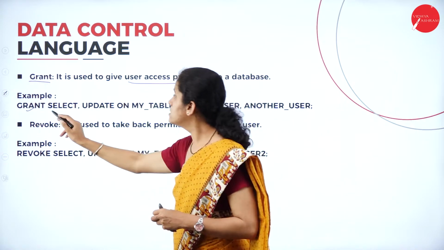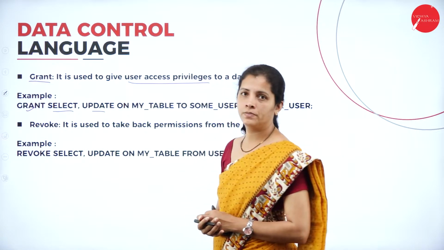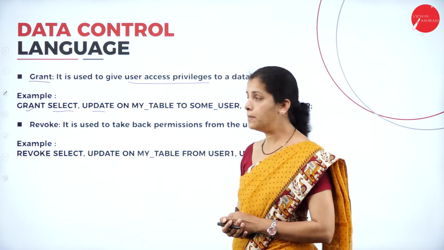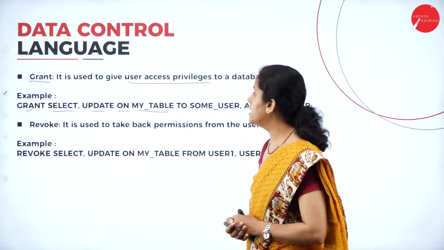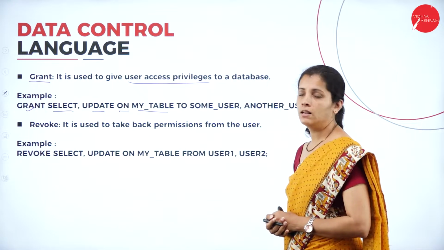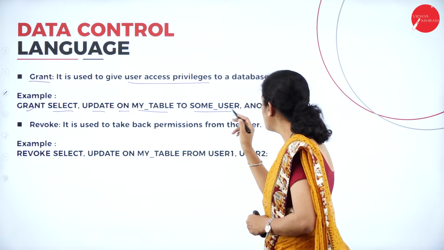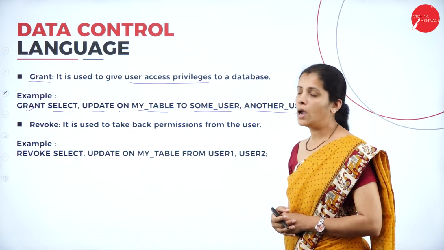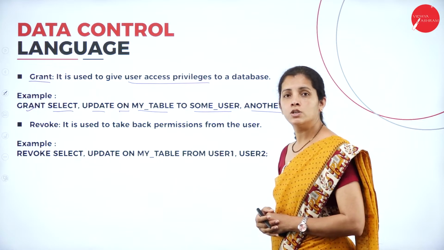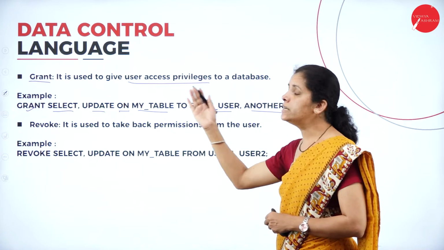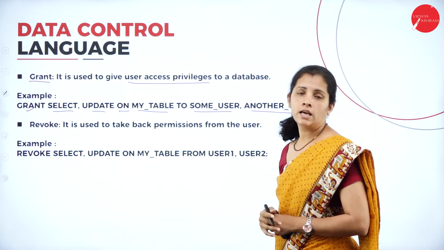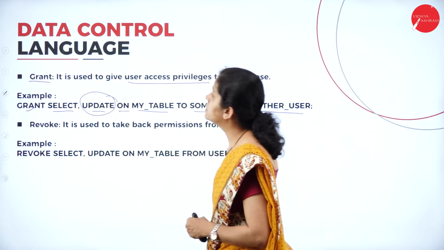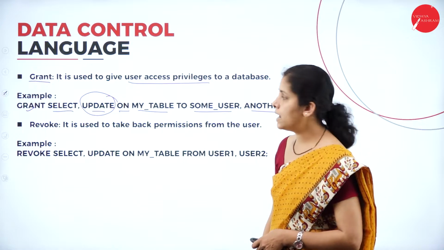So grant select, update. So the user can select as well as update on table name, that is my table, to some user and another user. So I'm going to allow the user to access the database as well as select and set the database by using the grant command.